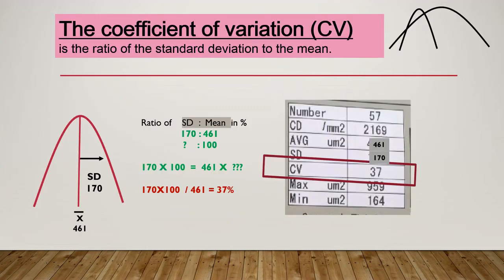So here the standard deviation 170 to the mean 461 and percentage. So if we solve this, we divide them, then we get this percentage, which is 37%.